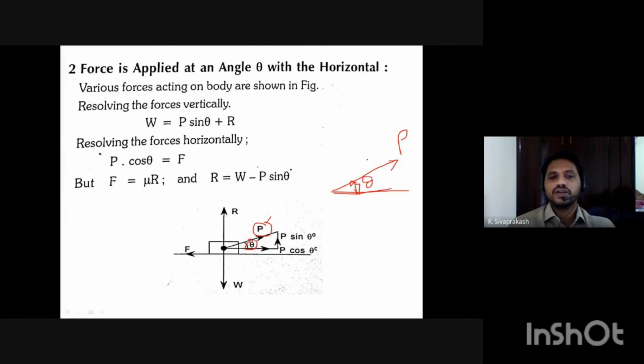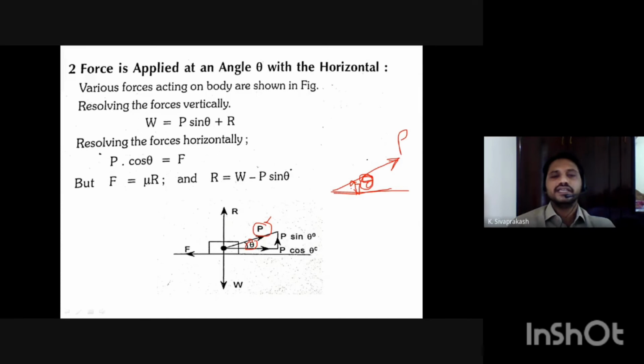Here the body is placed on the horizontal surface, but the force P is inclined, making angle theta.